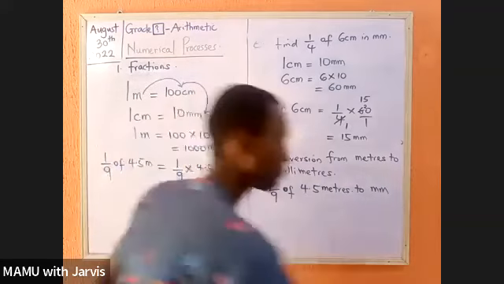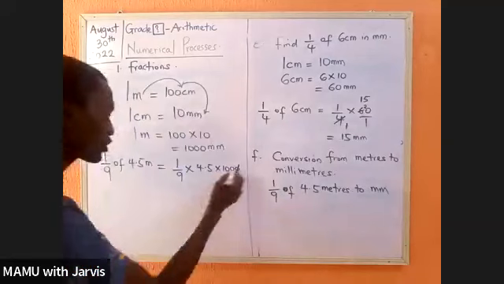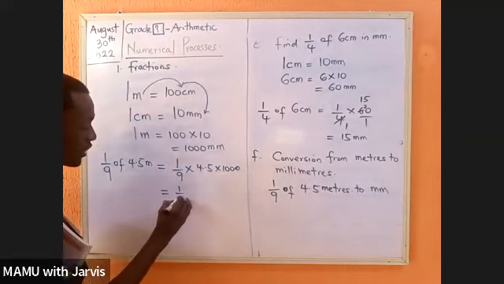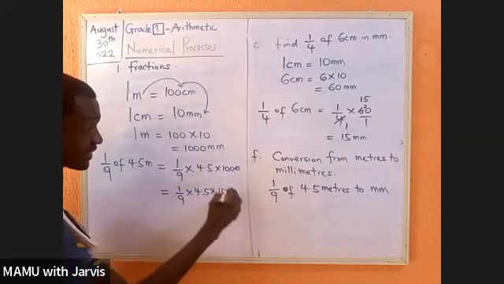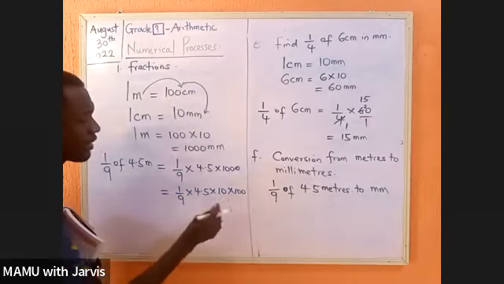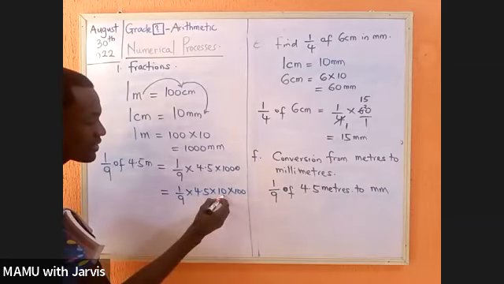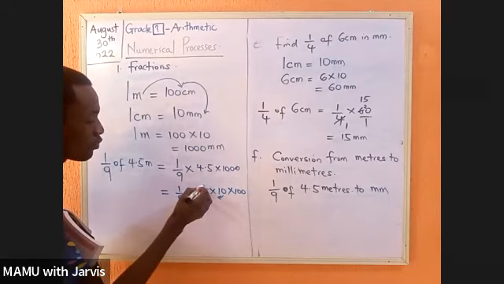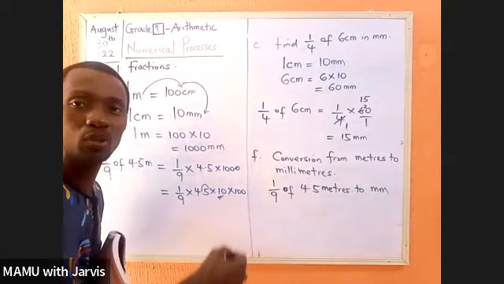Maybe I should take a step back. Some learners might find it a little difficult to catch what I've done. Now, let me show you what I've done. I can write this as 1/9 times 4.5 times 10 times 100. Remember that we can write 1,000 as 10 times 100. This 10 here would help this decimal place to move forward because 4.5 times 10 becomes 45.